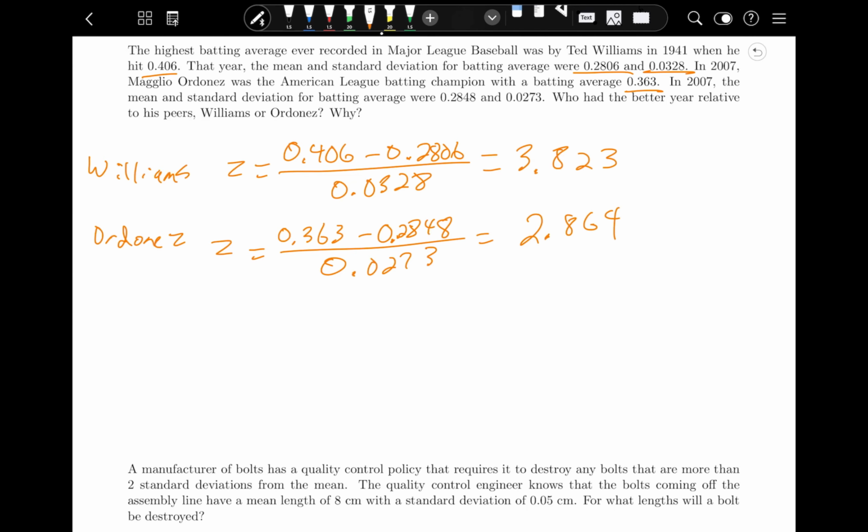Once again, farthest from the mean is best. In this case, farthest from the mean would be the largest number, and that should make sense in context, because a higher batting average is better. If you're ever confused about which one would be better as you're going through the homework, feel free to just Google it. You could Google which is better, a high or a low batting average, and I'm pretty sure the answer will be pretty easy to find.